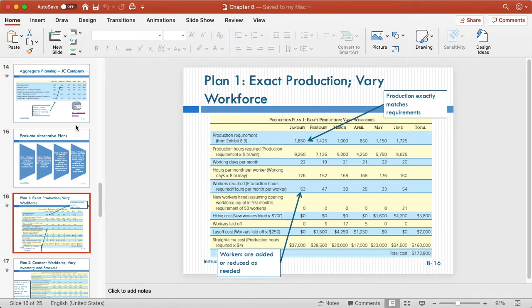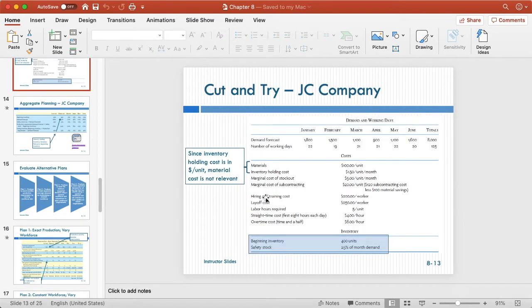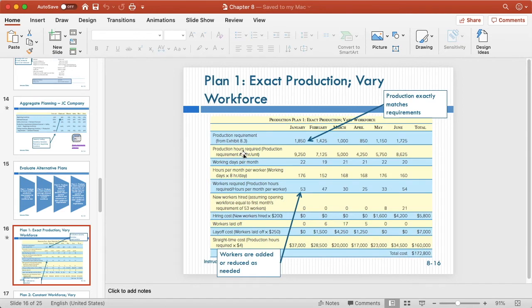In this context, you already know that every unit needs 5 labor hours, right? It's 5 per unit. So if I tell you this is the production amount, how do we get the production hours?